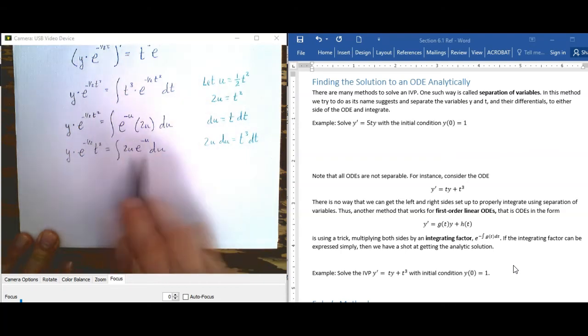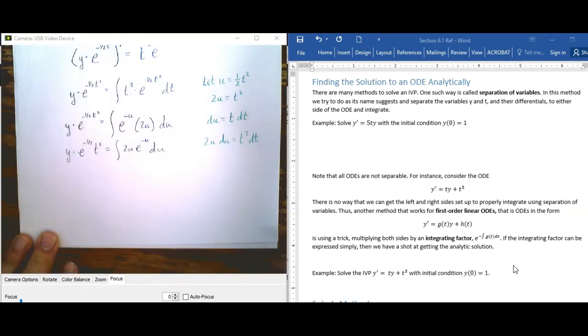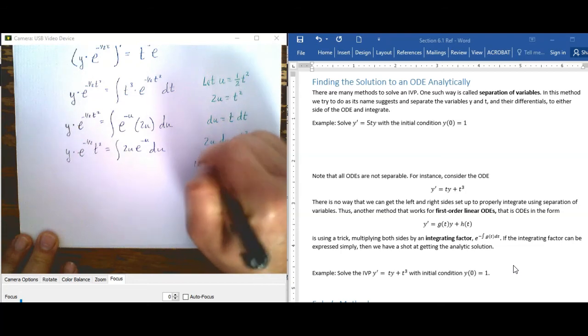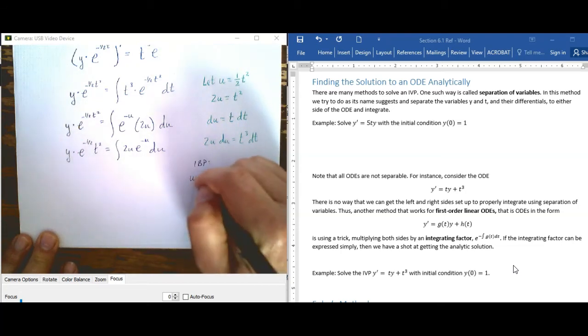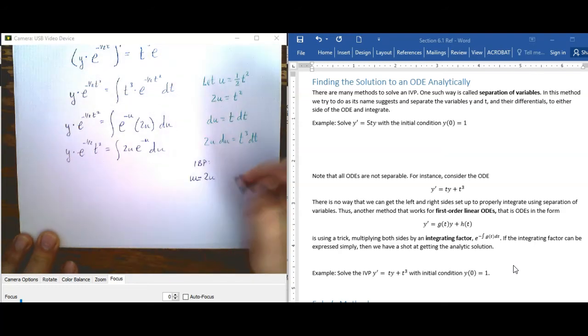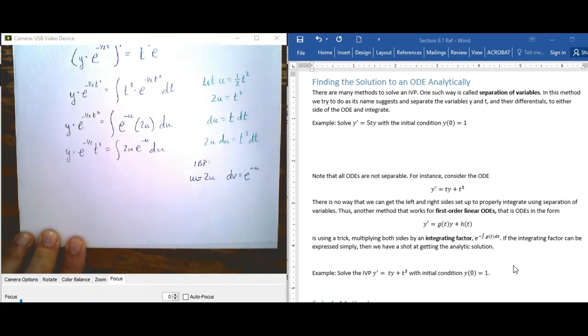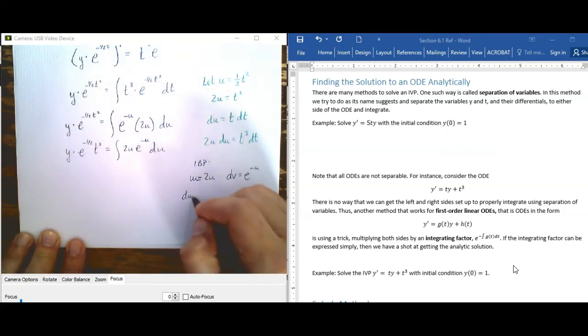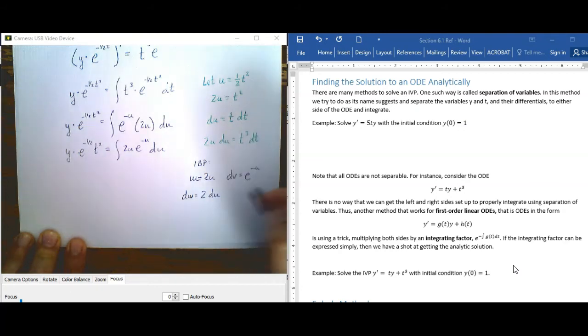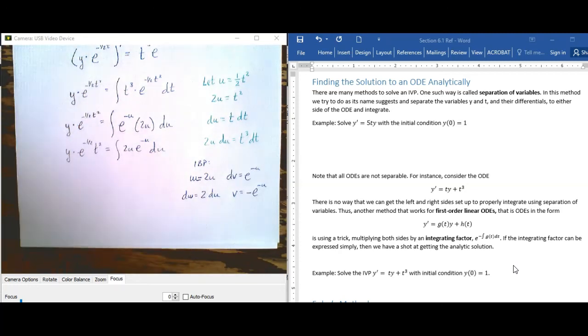So we use w equals 2u, and let's say dv is equal to e to the negative u du. So dw is 2 du, and v is negative e to the negative u.